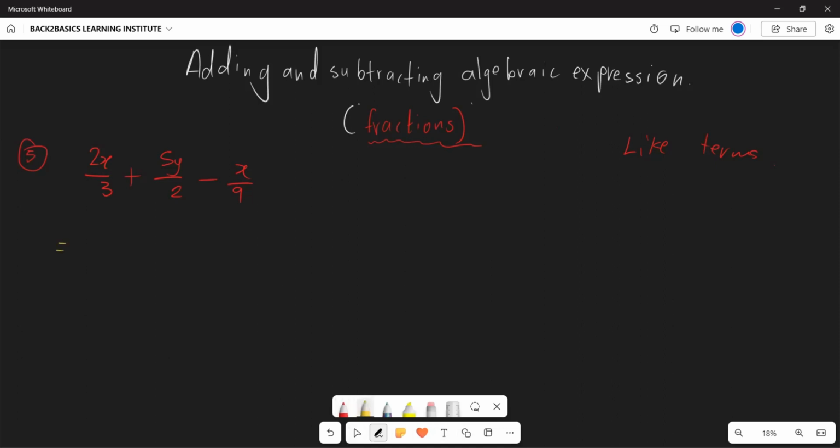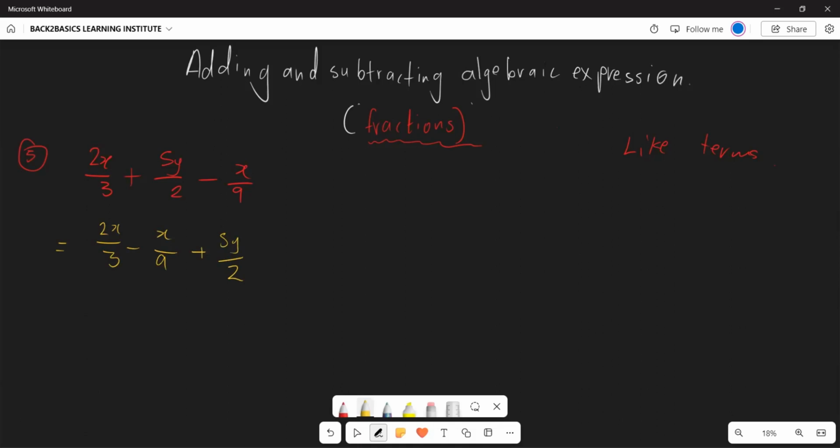So what you can do here is, this is going to be the same as 2x over 3 subtract x over 9, then you are going to have plus 5y over 2 altogether. That's what you are going to do.